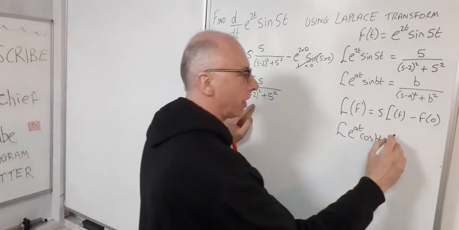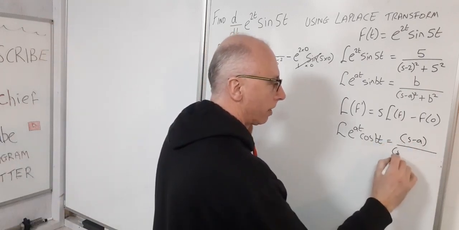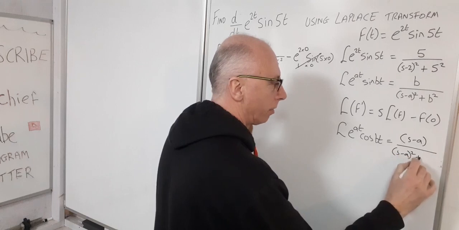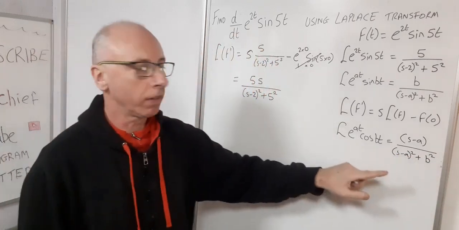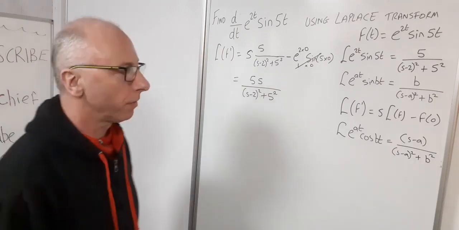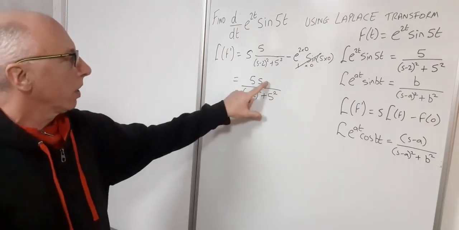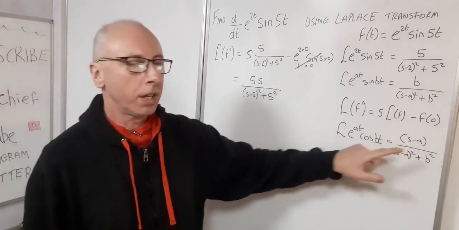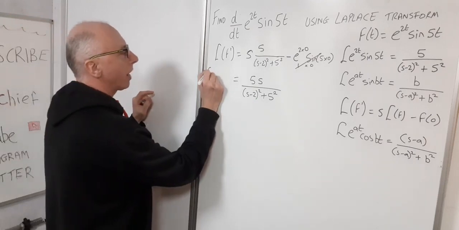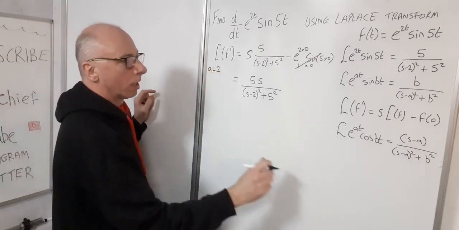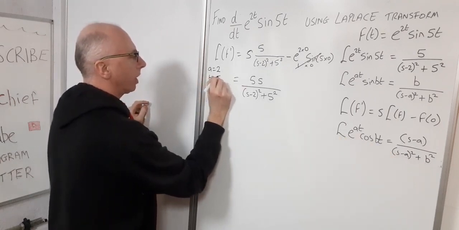What we need is s minus a over s minus a squared plus b squared. That will give us our generic result for this cosine version of e to the at. So how are we going to get that into this kind of format? Well, here we've got a is 2, so let's write that down, a equals 2. We've got b which is 5, so b is 5.